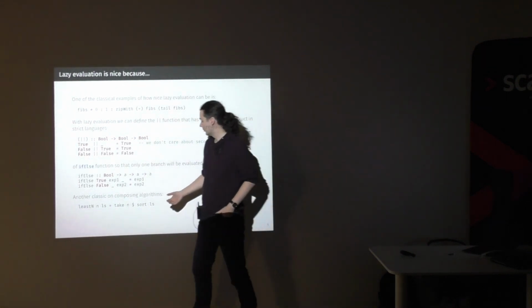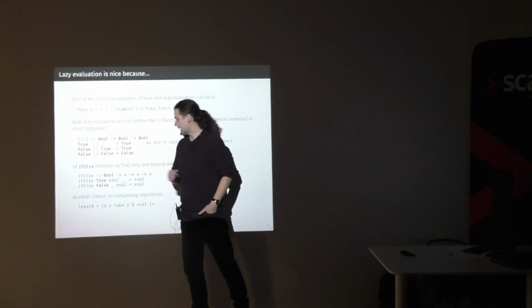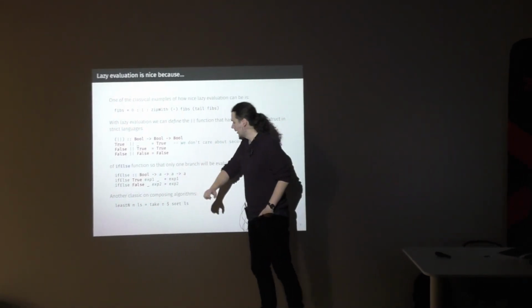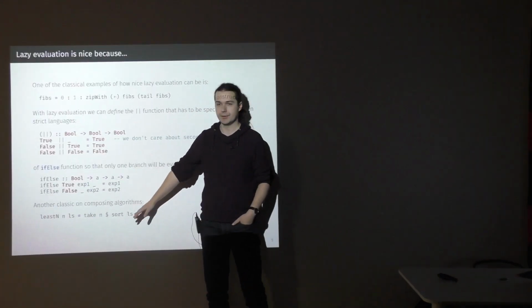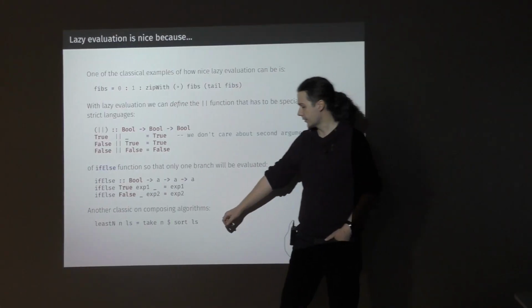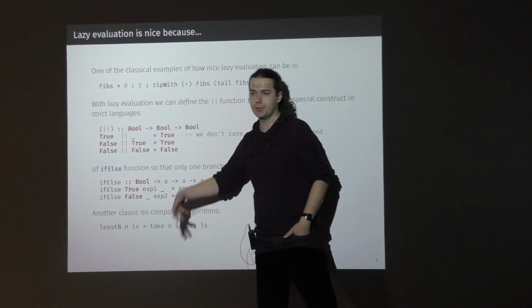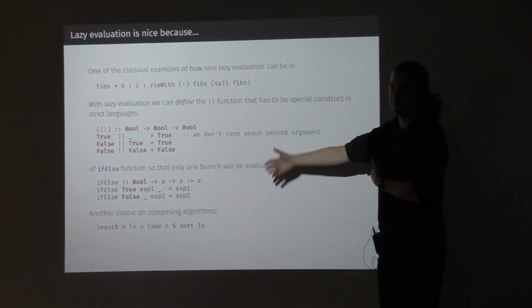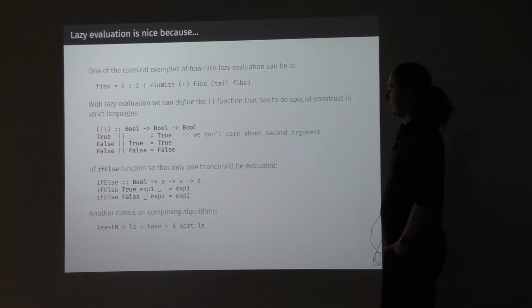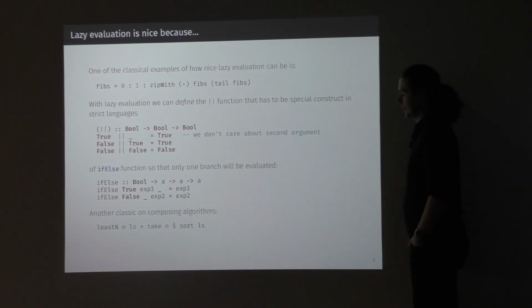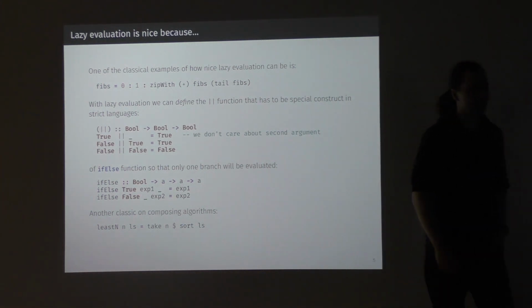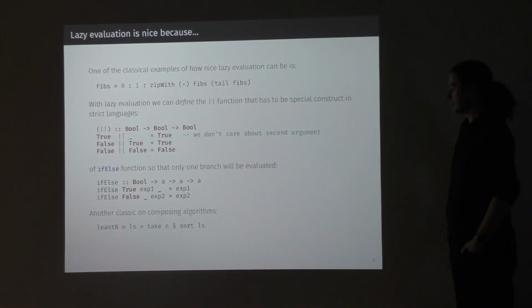So if we want to take just the first n elements of the sorted list, we write it in that way, and this will not sort the whole list, because we ask only for the first n elements, and heap sort returns them one by one, so we don't need to sort everything to return the first n elements. In that case, it will result in a faster runtime.